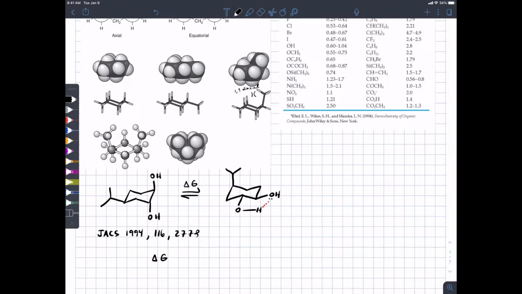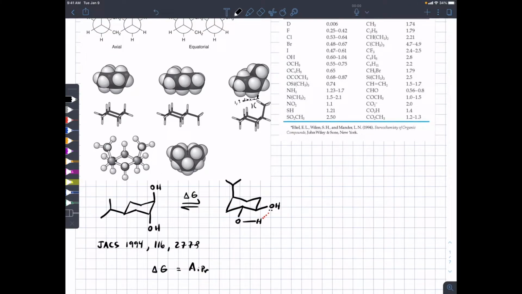And he assumed that the difference in energy between these two would be related to the A value of the isopropyl group. So that's like 2.2. And that's uphill in free energy because you're going from equatorial to axial. And then he subtracted 2 times the A value of the OH group because you were going from axial to equatorial.